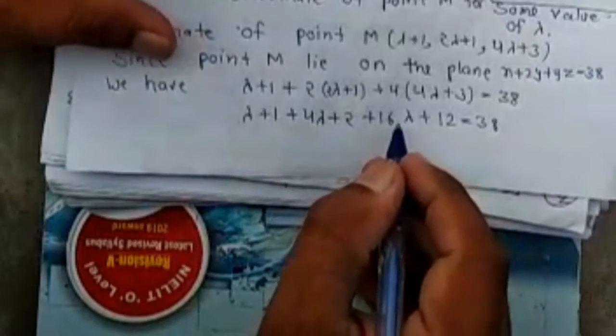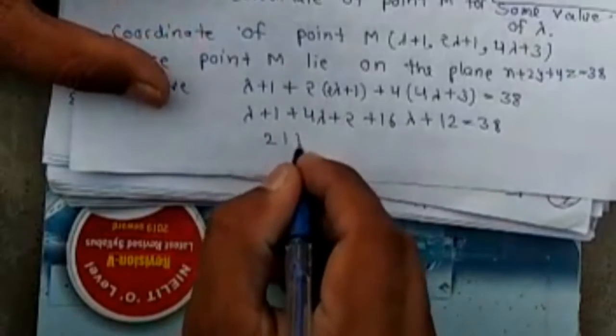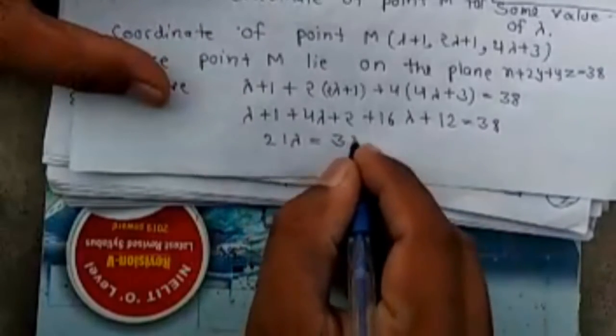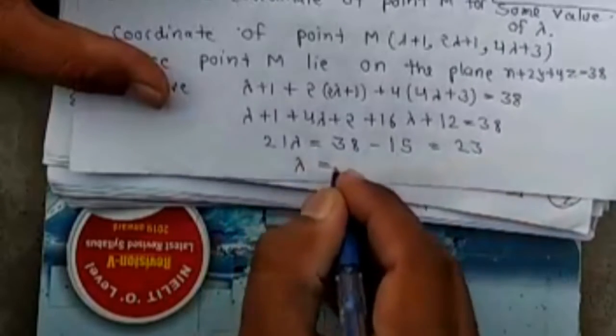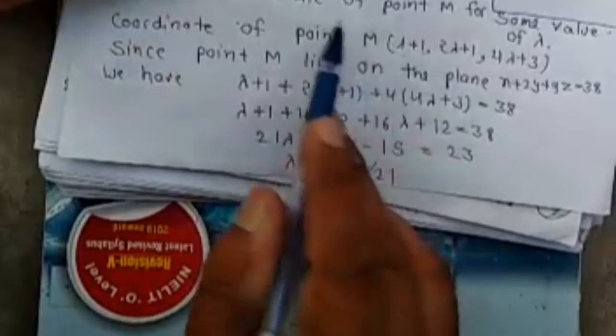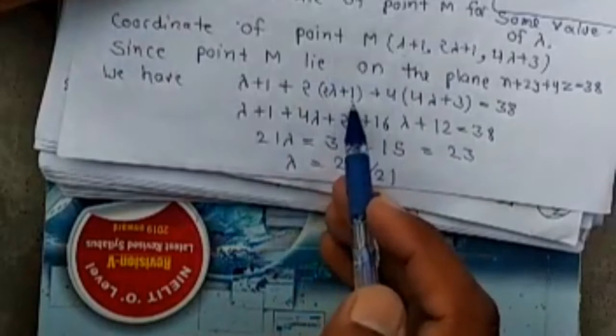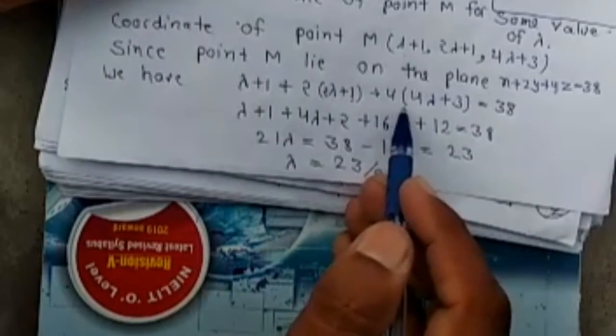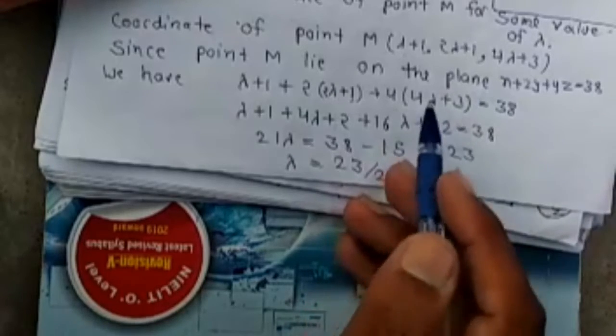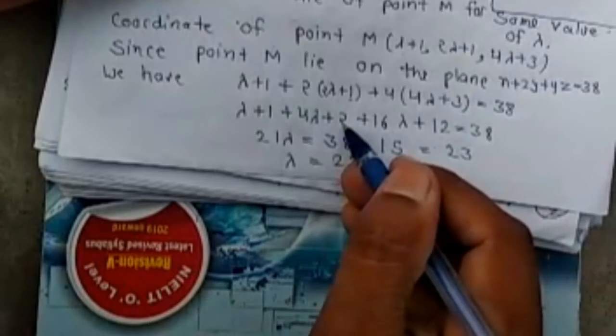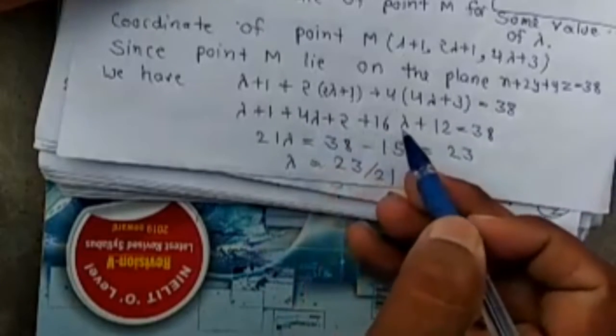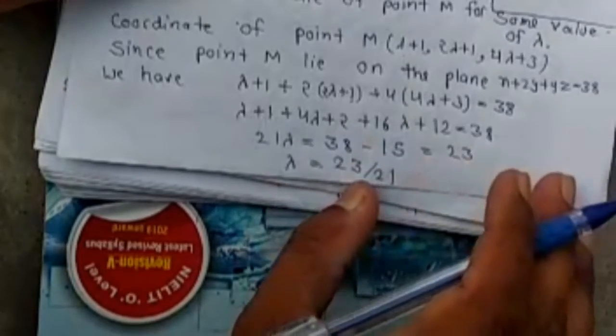Then 21 lambda equals 38 minus 17, which is 21, so lambda equals 1.